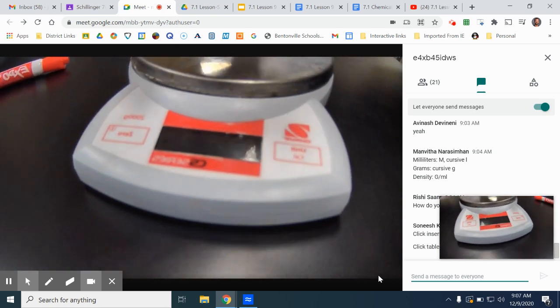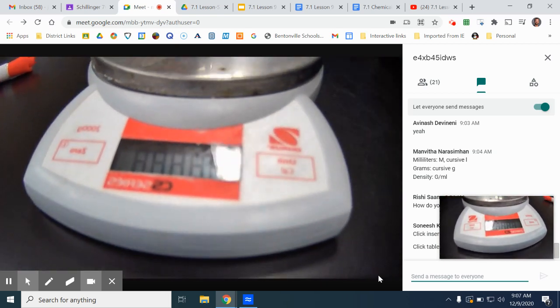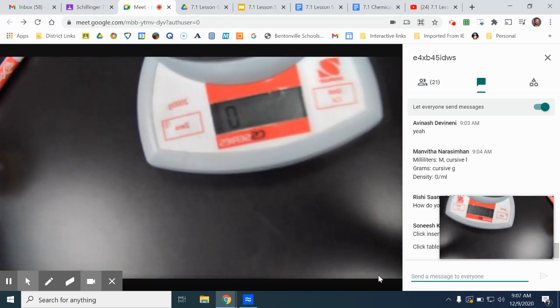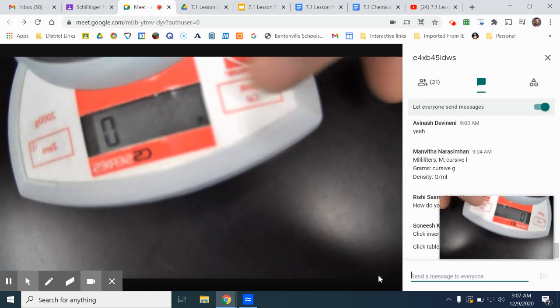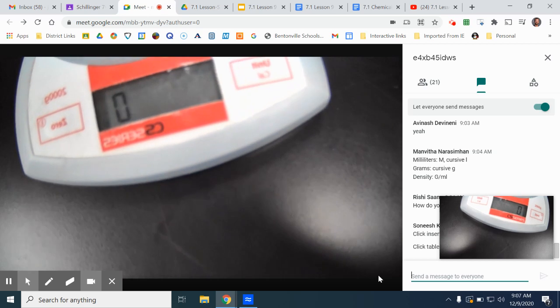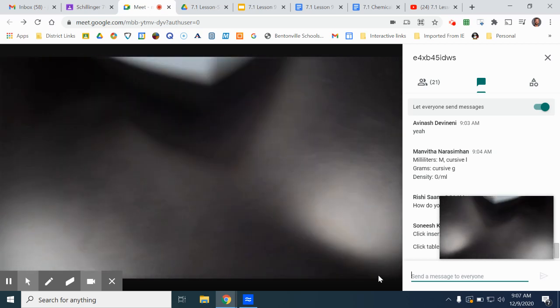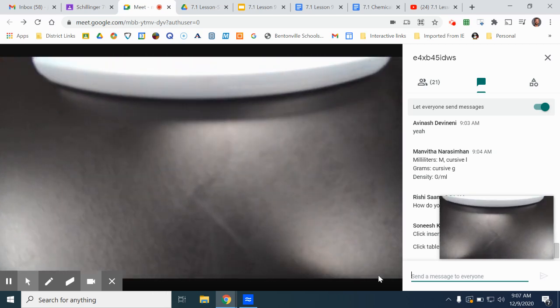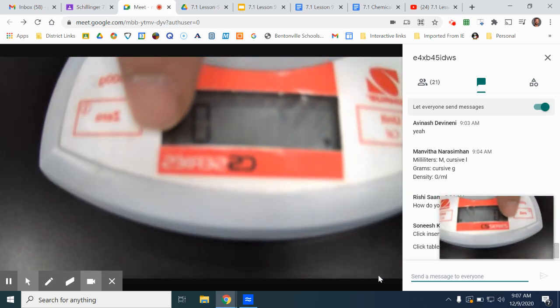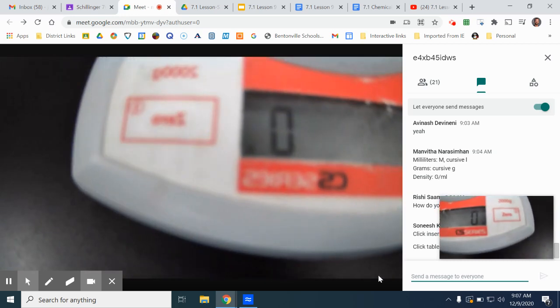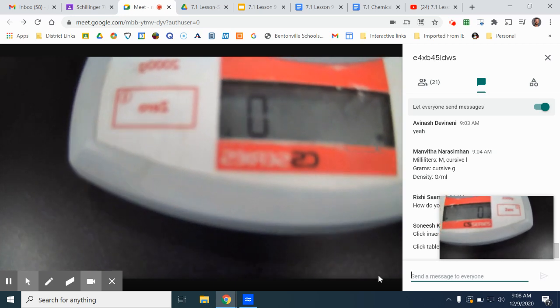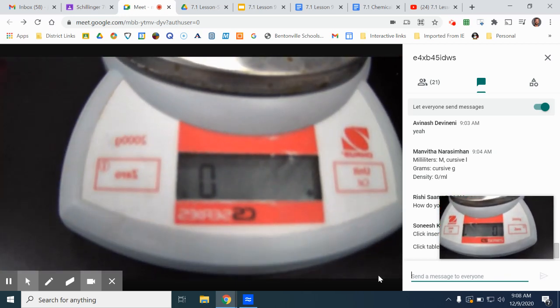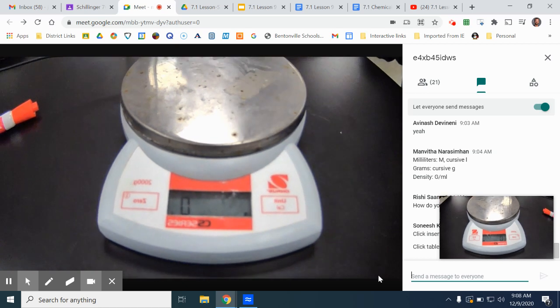So we're going to turn the scale on. And we have 0, and the G is right over here at the side of the 0, indicating that my scale is in grams, and that's kind of a blurry picture.